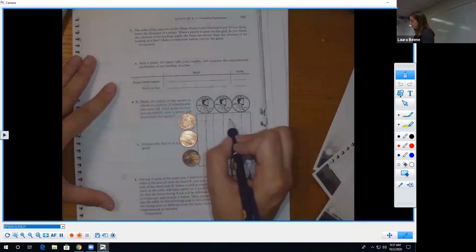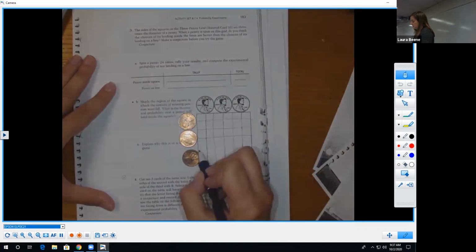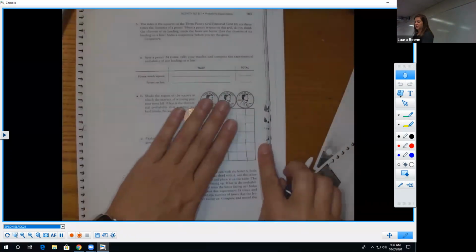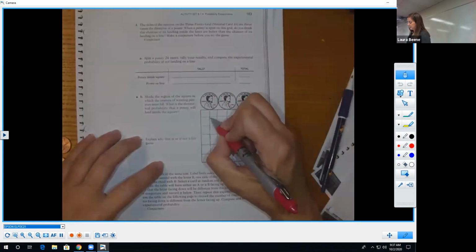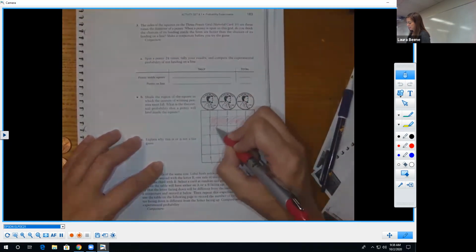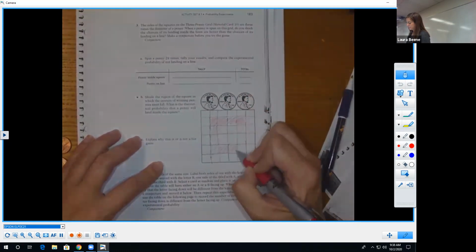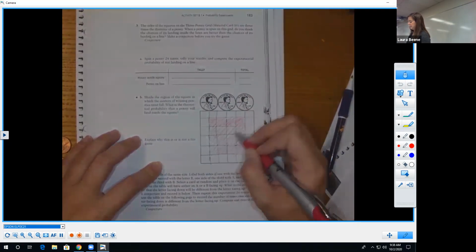This is the center of the penny that I'm drawing the line through. I'm also doing the edge so that my squares are all the same, so I can find the fraction here. This time I'm going to shade in a lighter color so you can see it a little bit better. This time I can be anywhere inside this box. This is where the center of the penny can land.